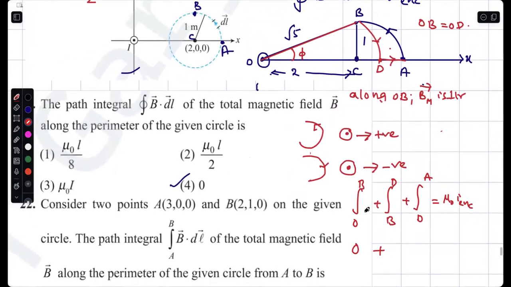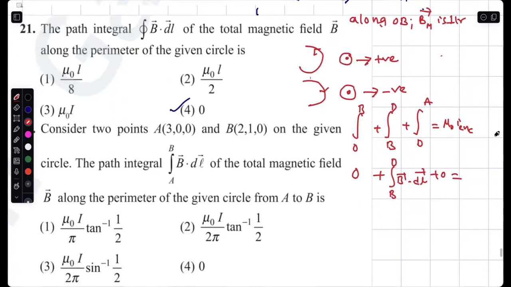Okay, next integral B to D, B bar dot DL bar, plus 0, is now mu naught times I enclosed, 5 by 2 pi times I. Any doubt in this?